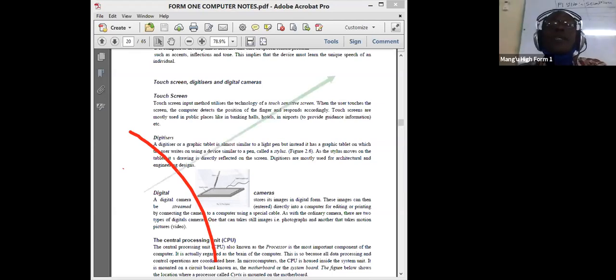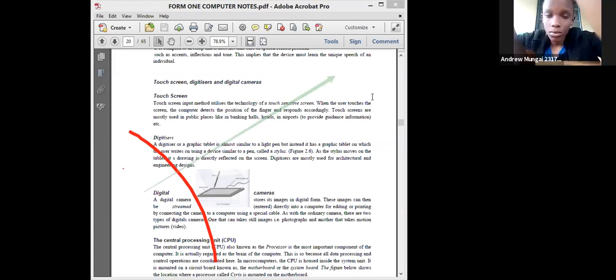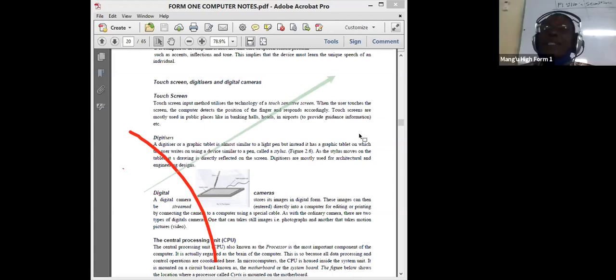You are good representatives. Now, these are also input devices which utilize touch-sensitive screens to enter data into the computer systems. The computer detects the position of the finger and responds accordingly.